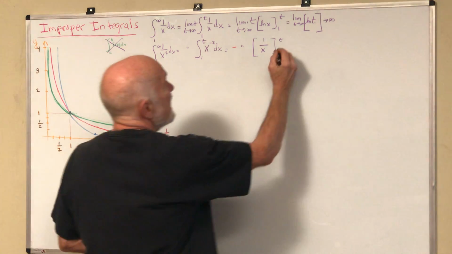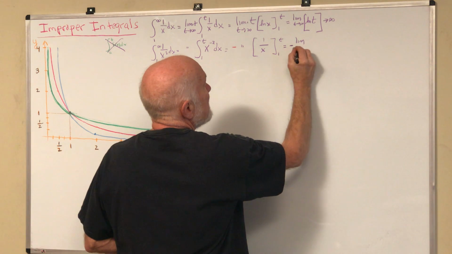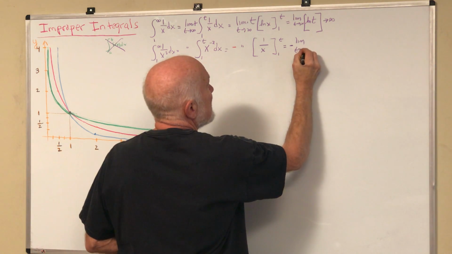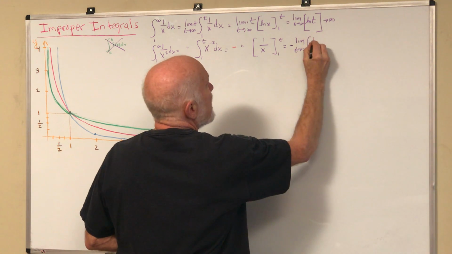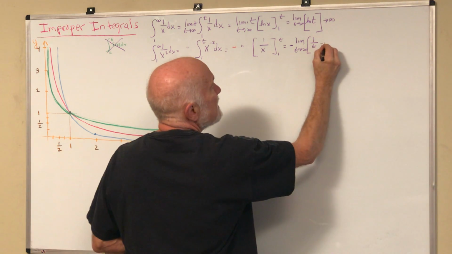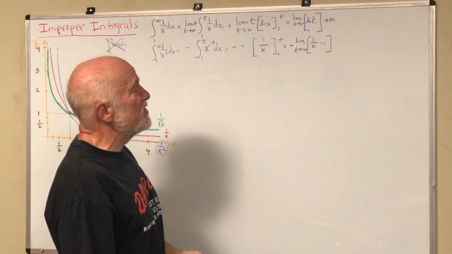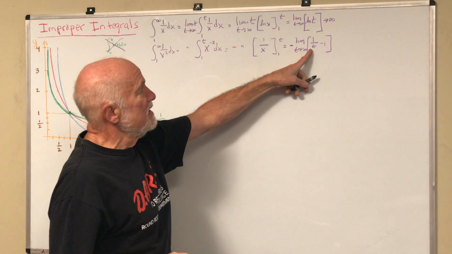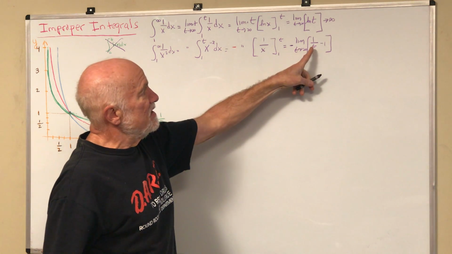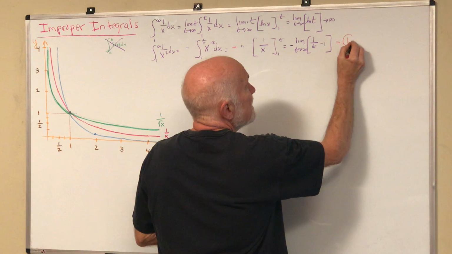So if we continue on, we get minus the limit as t approaches infinity of 1 over t minus 1 over 1. Well, as t approaches infinity, 1 over t is going to approach 0. So you get minus a 0 minus 1, or 1.